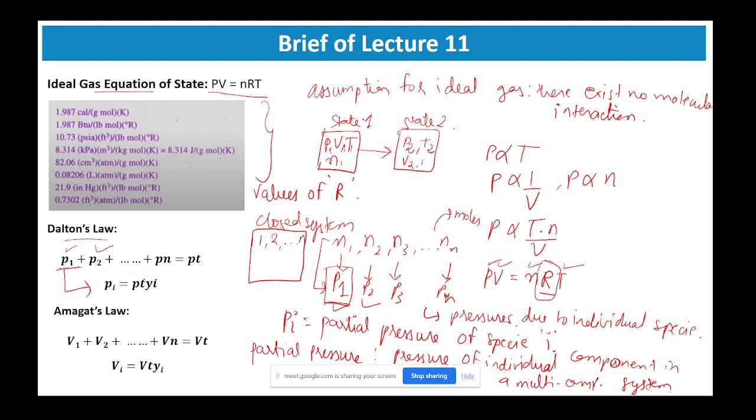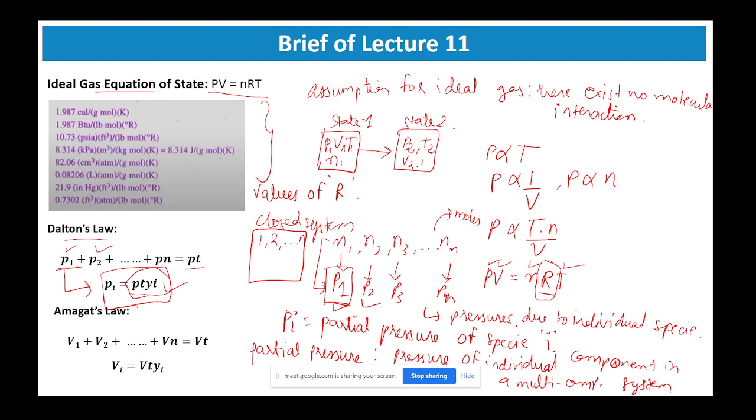As I said earlier, pressure is a kind of concentration. So Pi, you can relate it with the total pressure of the system, which is PT, with this equation. Pi of any individual species is nothing but PT, the total pressure, into the mole fraction of that component present in the system. Okay, so by this equation you can calculate it.